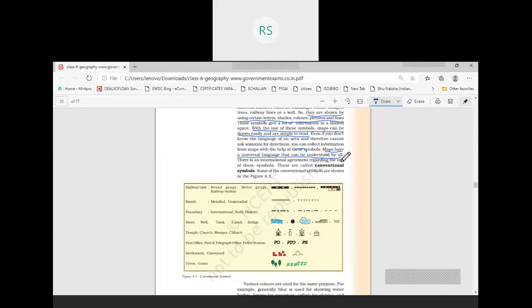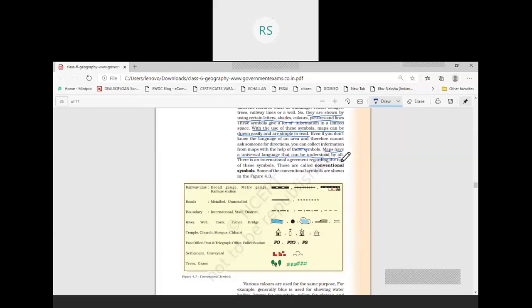Anyone can use any symbol according to his or her own wishes or convenience. Arbitrarily any symbol can be used to denote any feature. But then the problem will arise that people will not be able to read the map, because everyone is using different symbols.